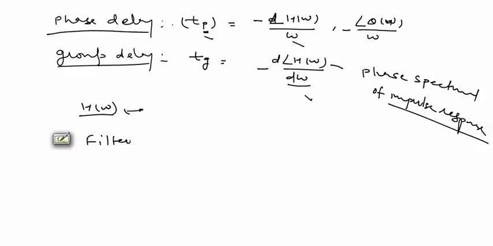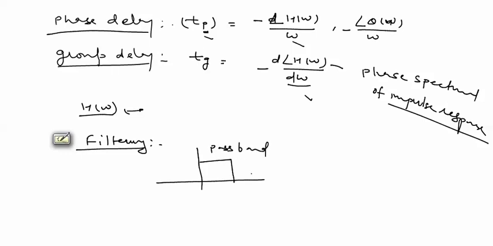Filtering. I will discuss the small topic of filtering. Filtering is a process by which the relative amplitude of frequency components in a signal is changed, or a frequency component is suppressed. Filtering has two bands, pass band and stop band. Pass band means passing the particular frequency component omega.